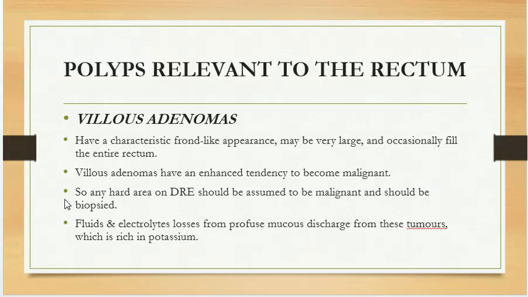Rarely, these villous adenomas produce profuse mucus discharge, which is rich in potassium and causes electrolyte and fluid losses. They can cause hypokalemia. This is one point which you should keep in mind.